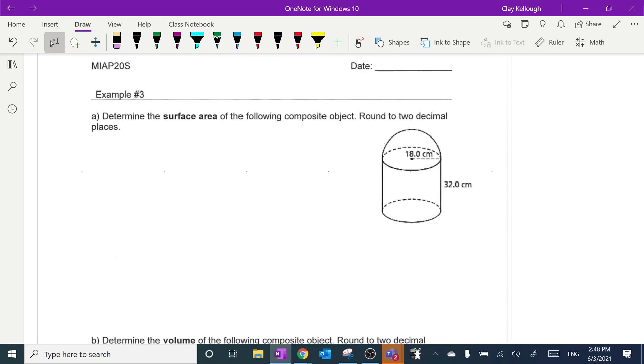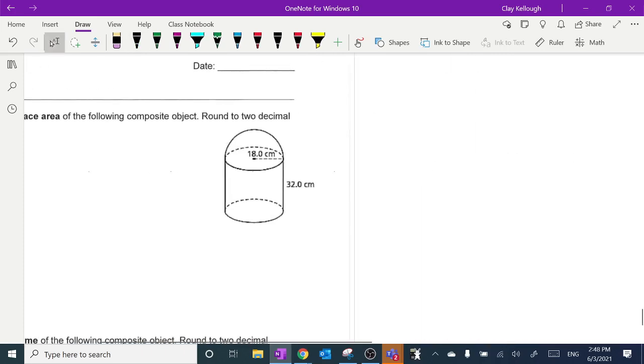So the surface area here is, well, we've got ourselves a hemisphere. Remember that? The hemisphere again had a formula. The surface area of a hemisphere was pi r squared plus half of a full sphere, which was 2 pi r squared.